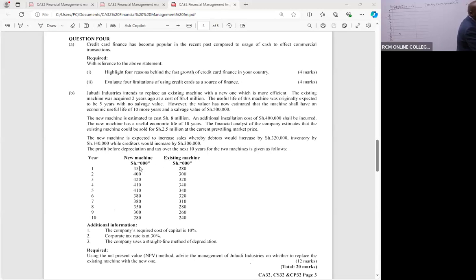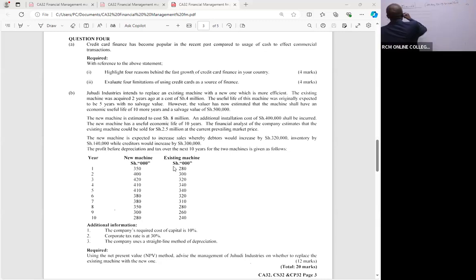This is the PBDT for the new machine and the PBDT for the existing machine. I want the incremental. So incremental means I subtract 350 minus 280. Is there somebody who can give me those differences pretty fast, year by year? The first one is 350 minus 280, giving me 70.